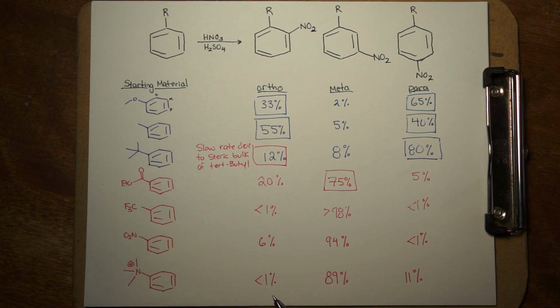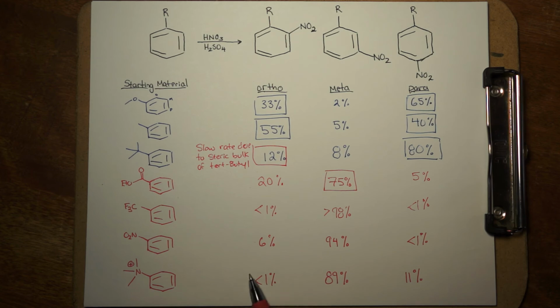I think it's pretty easy to see why we would not make very much of the ortho product, and that's because this is very similar in structure to the tert-butyl group. A carbon with 3 methyl groups is going to be more or less the same size and structure as a nitrogen with 3 methyl groups.